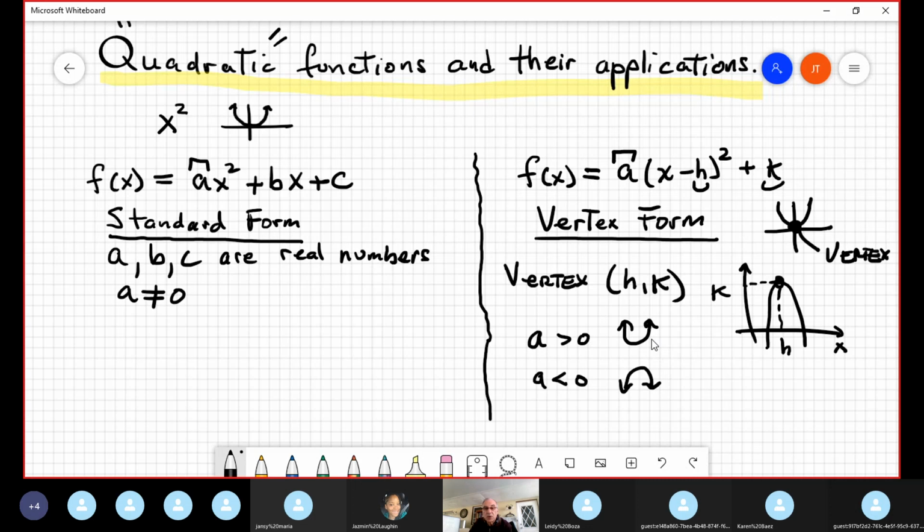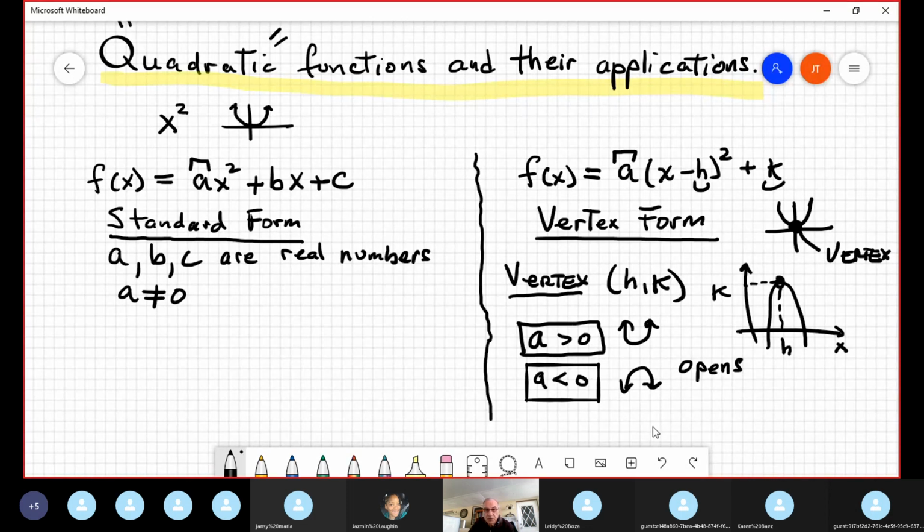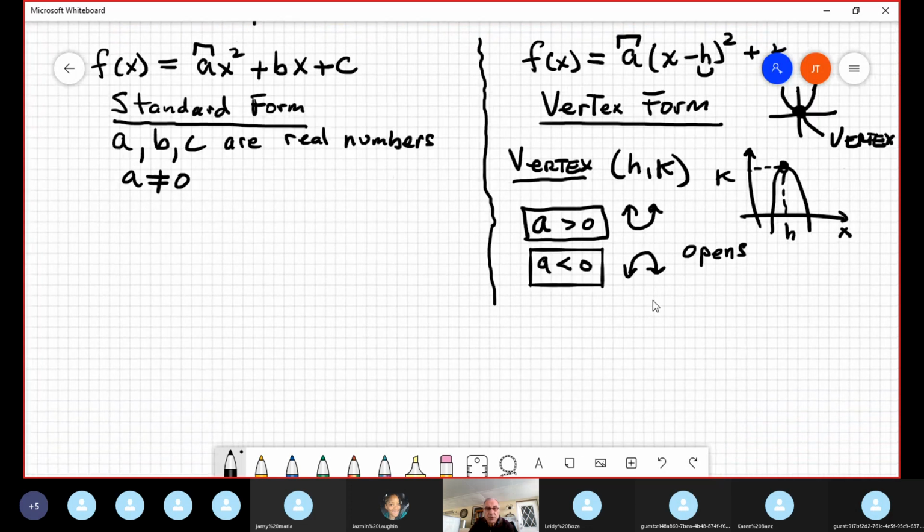So the control of what direction the parabola opens is given by A. A is the same coefficient in both forms, vertex or standard. We have no B, C here, we have H, K, which are the vertex point. Okay, super, any question? Okay, let's move on directly to the example.